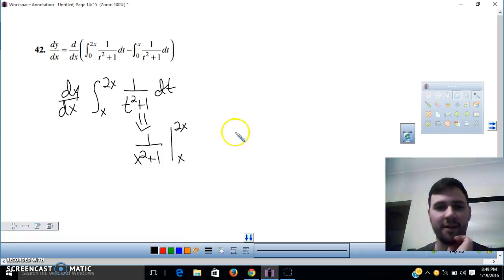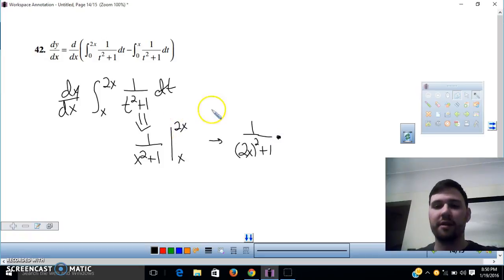Use this a little bit differently. So I'm going to plug in 2x wherever there's an x. Alright? So you get 1 over 2x squared plus 1. And then I have to multiply that by the derivative of 2x based on the chain rule.